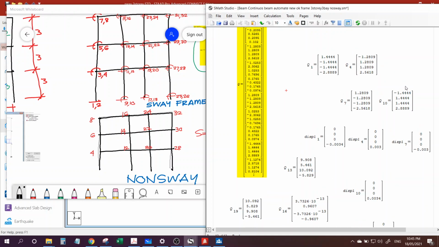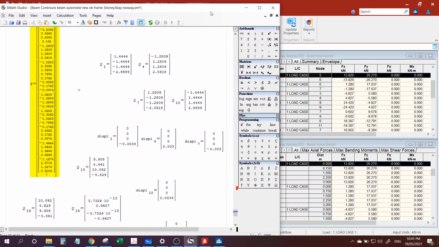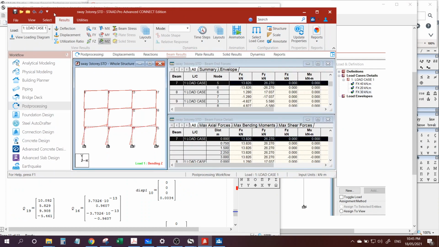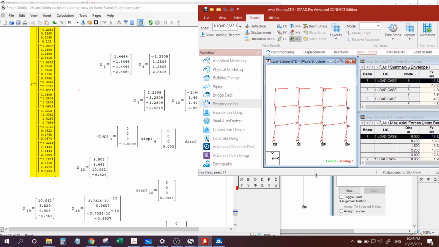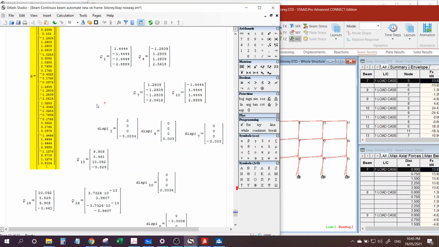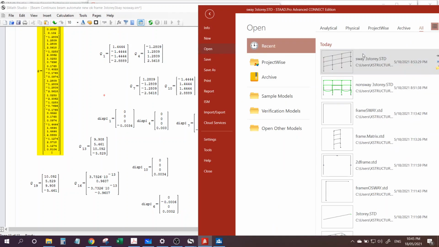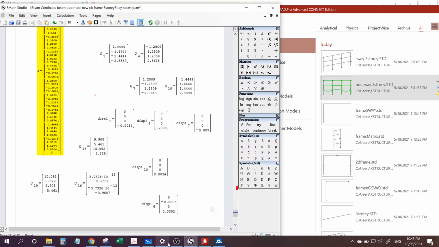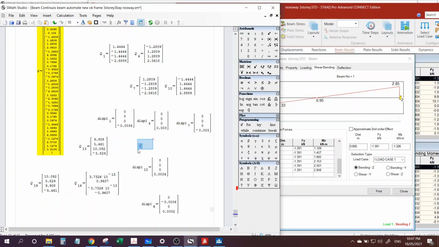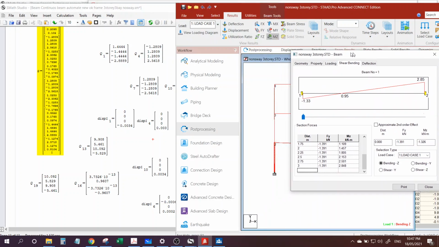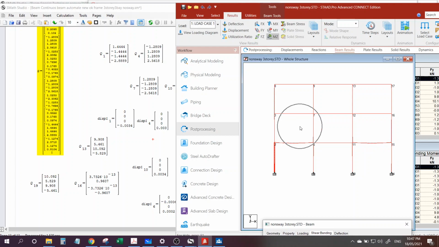And for example, to verify, let's verify Q1. So this is our STAAD file, the 3-story, 3-bay non-sway frame.